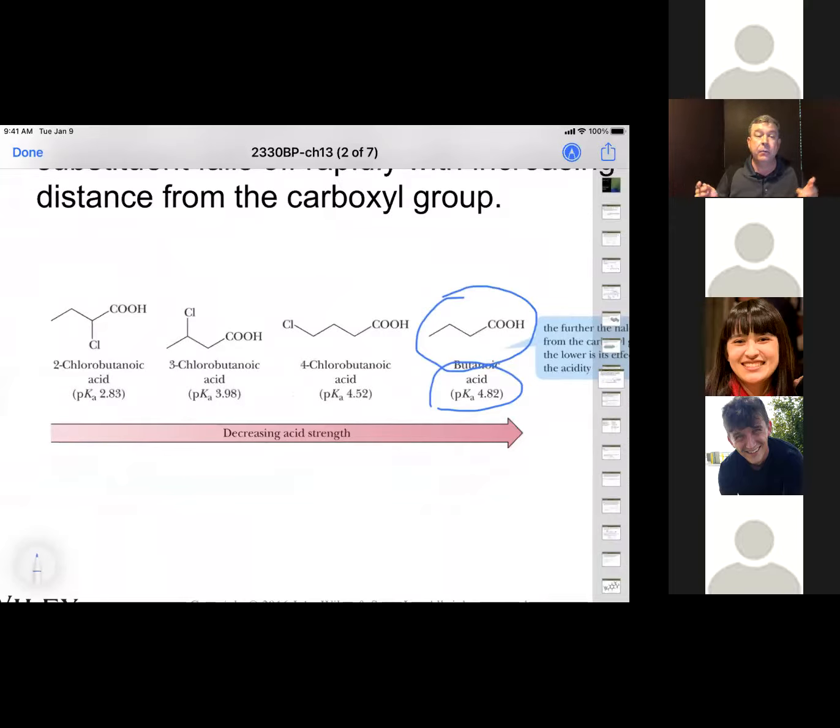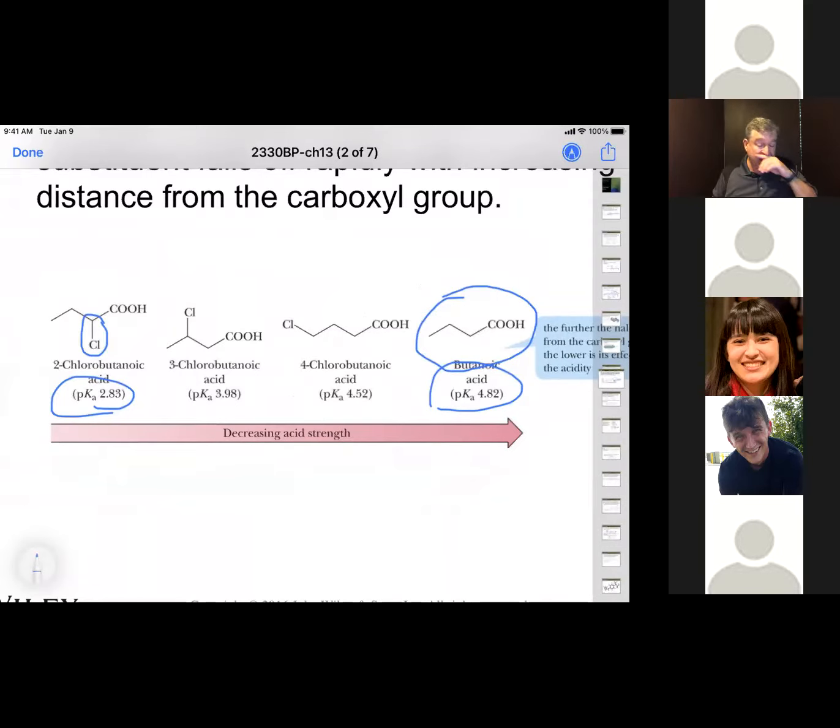Okay. If we put the chlorine right next to it, it'll have the highest amount of electron withdrawal. Okay. So it's going to have the greatest effect on the acidity. In fact, the acidity drops 2 whole points, and we get a pKa of 2.83, making it the most acidic of our set.